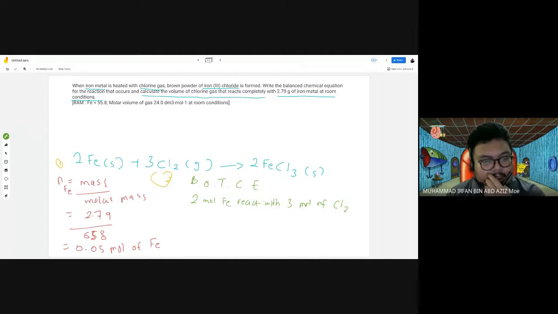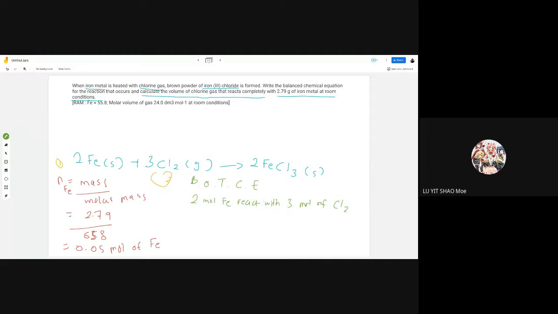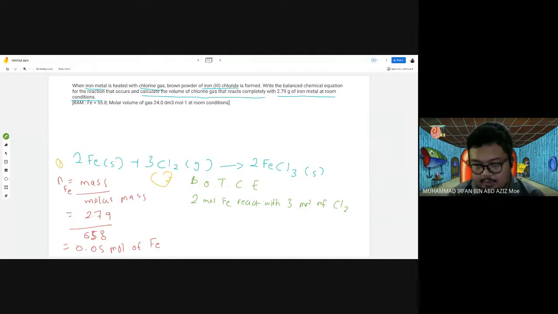So, macam mana kita nak cari the number of mole of chlorine? How to find the number of mole of chlorine based on the ratio tu? Okay, so 2 Fe react with 3 Cl2. So 0.05 of Fe will react with how much of Cl2? Okay, based on the chemical equation, 2 moles of Fe react with 3 mole of Cl2.